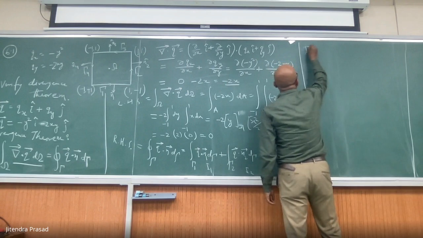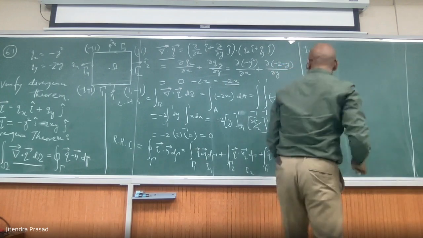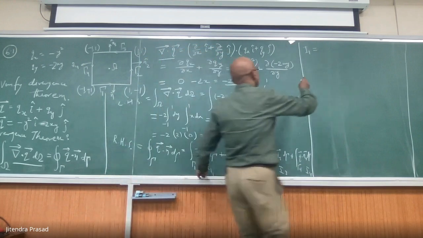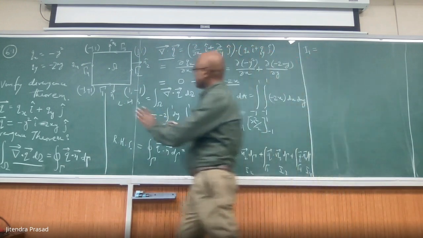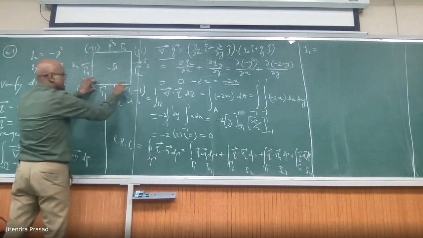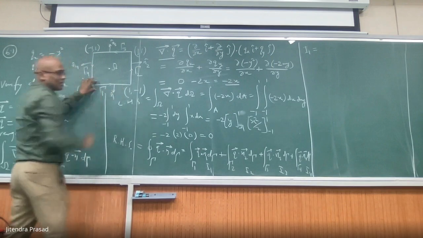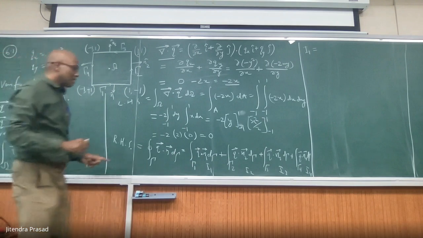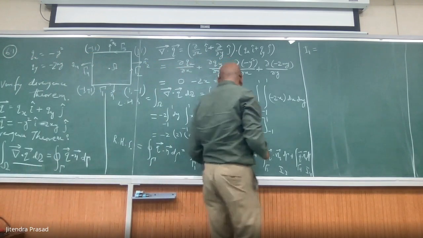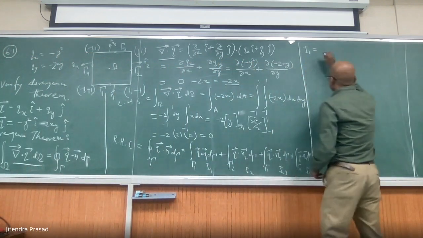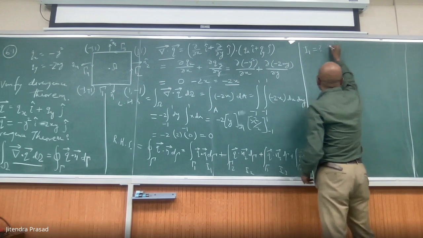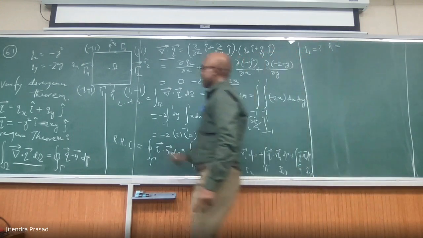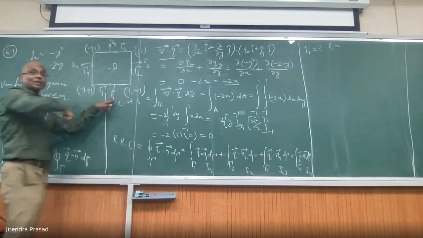So I1 is this. I1 means whatever the value is at the boundary, and we are integrating from here to here. And we have to get Q dot N. So first of all, N1 is equal to what? N1 is projected downwards.